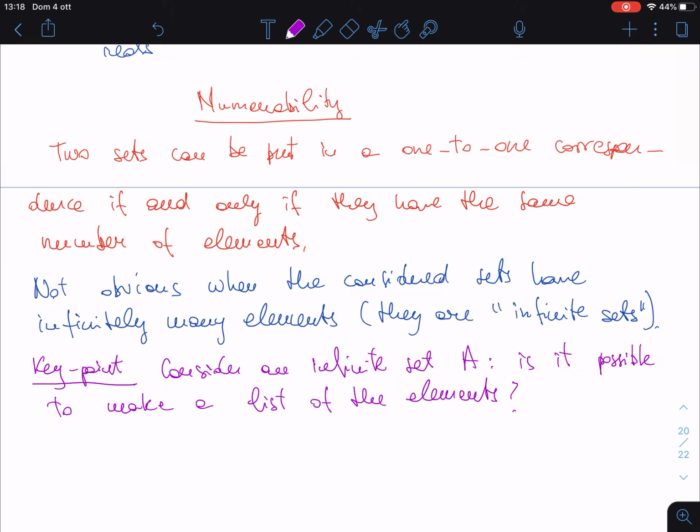List means that all elements appear. It appears only once, but this is less important. The important fact is that all elements appear. A list that includes all elements.